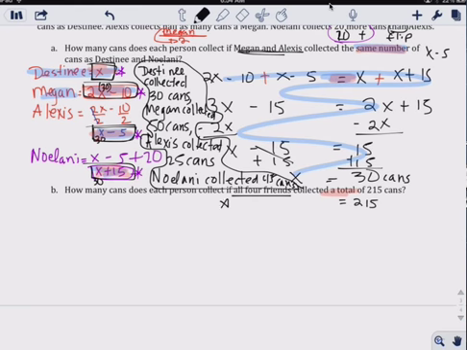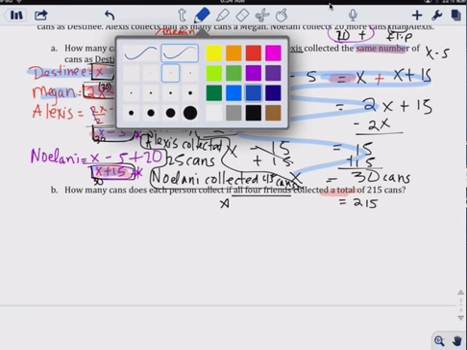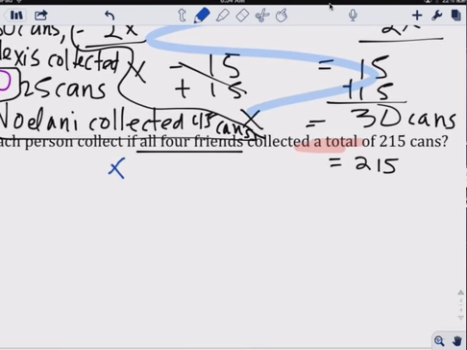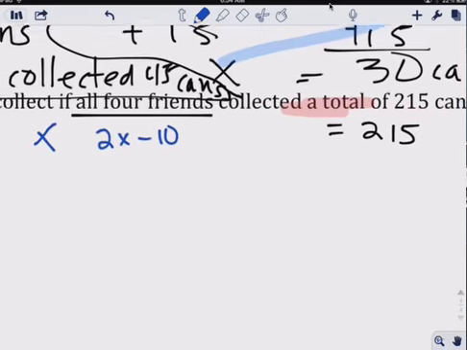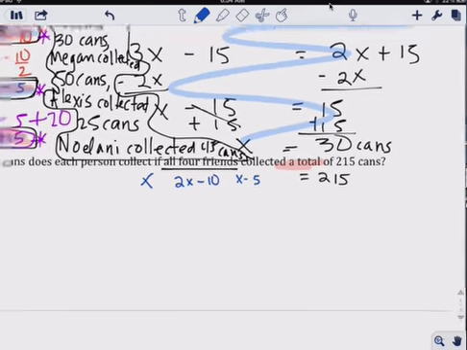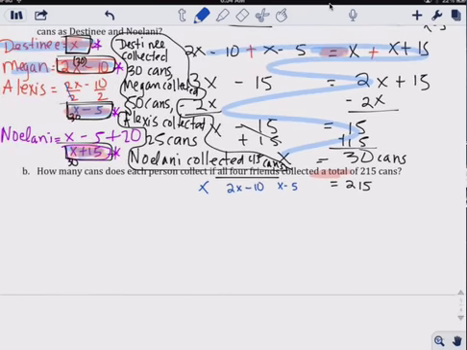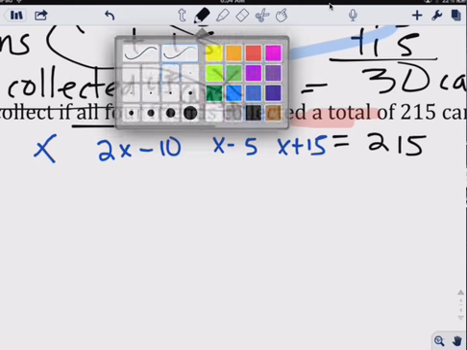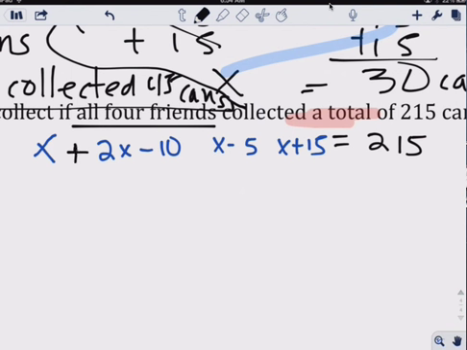I'll use different colors, sorry. x, 2x minus 10, x minus 5, and x plus 15. Combine them all. It means add them all, because it's a total.